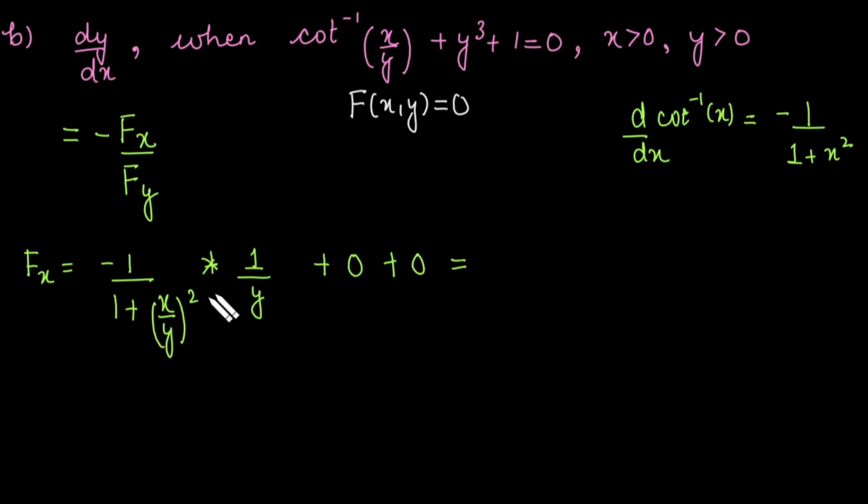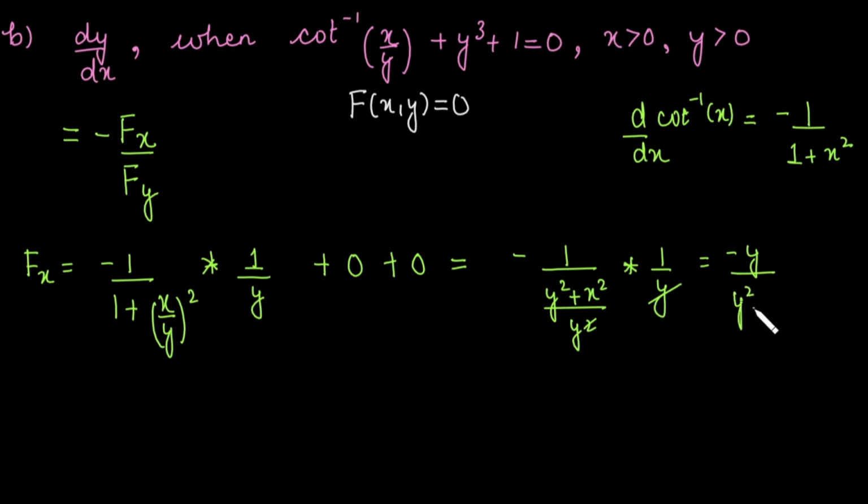Simplify this, we have minus 1 upon y square plus x square divided by y square into 1 by y. That is equal to, this term gets cancelled with this one, negative of y divided by y square plus x square.